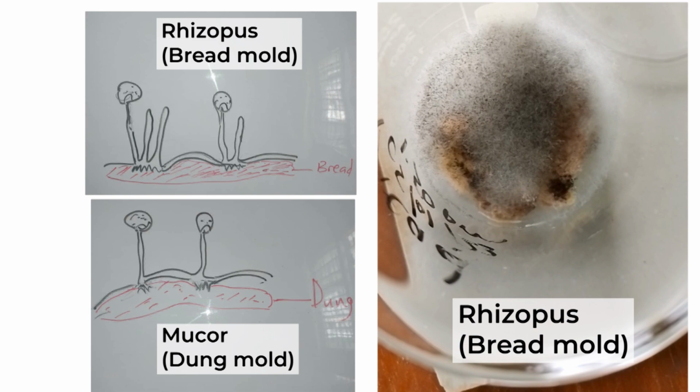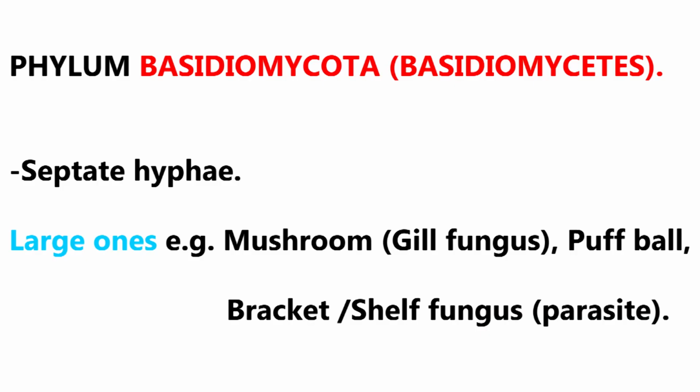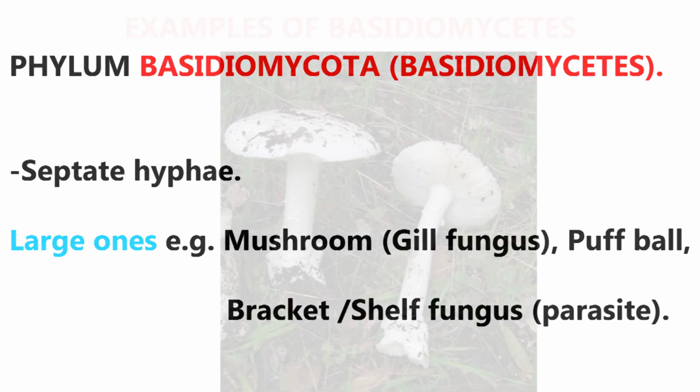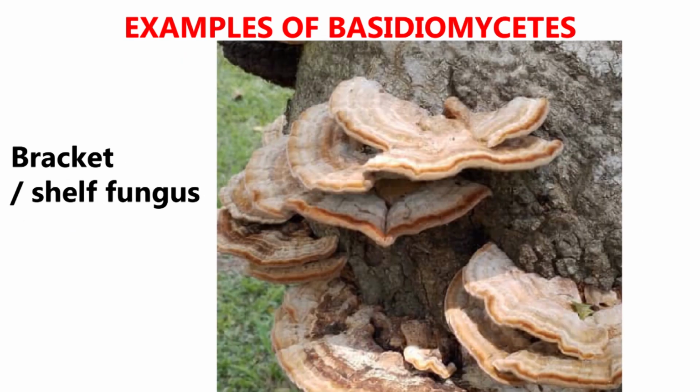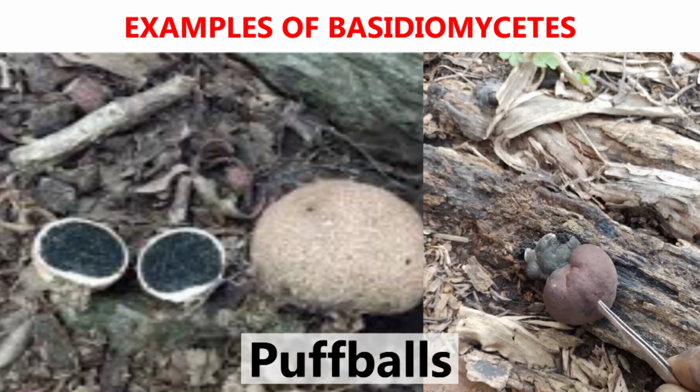Now let's look at the Phylum Basidiomycota, Basidiomycetes. These are the fungi that have septate hyphae. They are large ones. Examples are the mushroom or gill fungus, the bracket or shelf fungus, which are parasites, and puffballs.